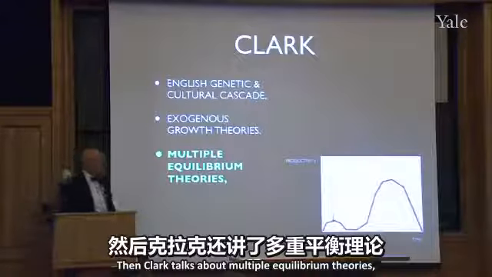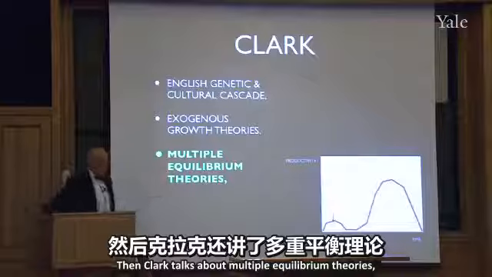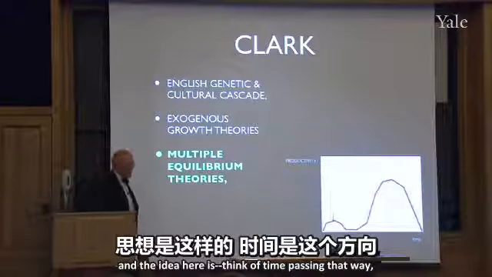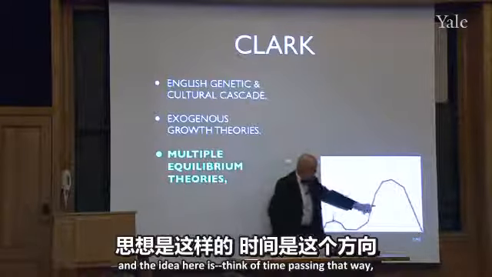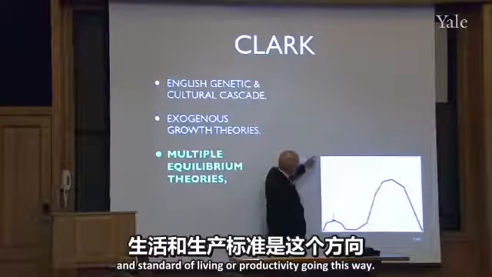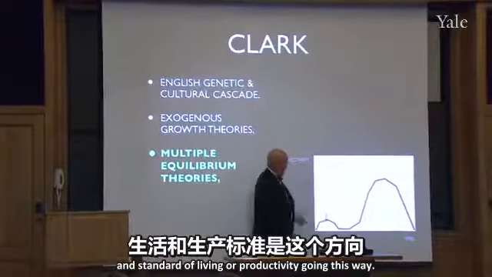Then Clark talks about multiple equilibrium theories. And the idea here is, think of time passing that way and standard of living or productivity going this way.